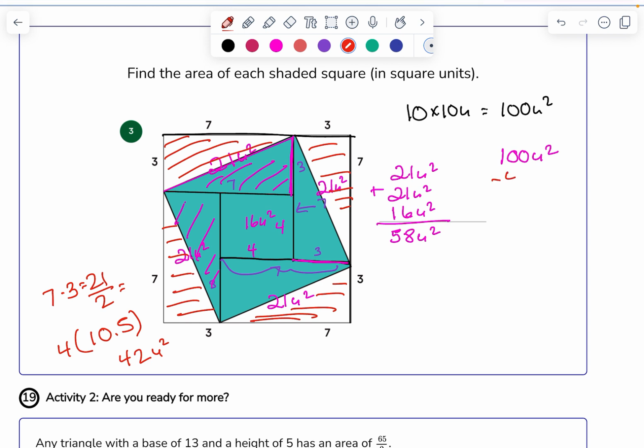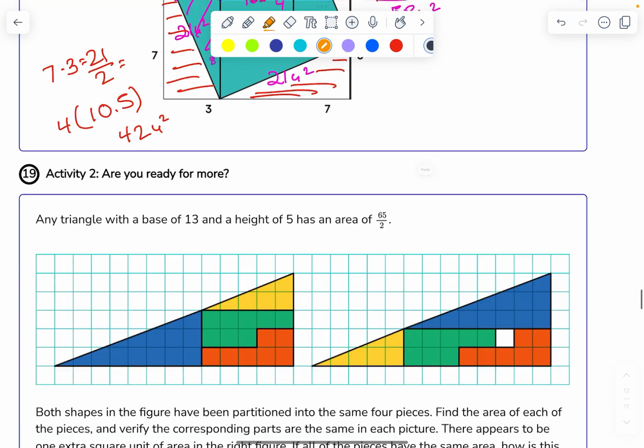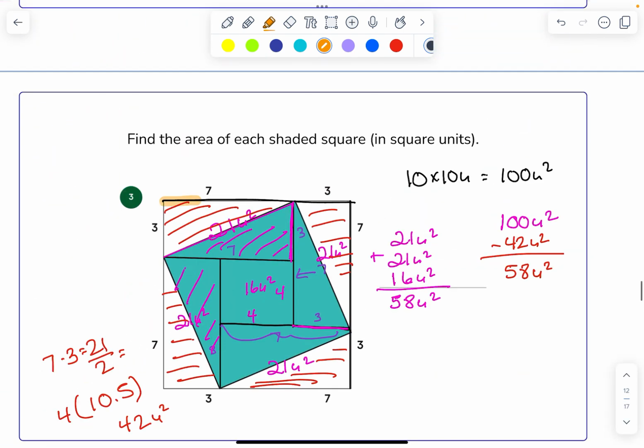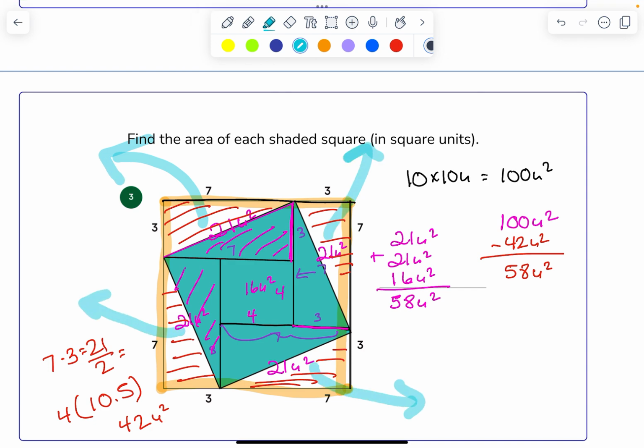So if I take away 42 units squared from 100, I would be left with 48 units squared. So what I was able to do is start with what I know, the whole square, and sometimes people call this the cutting method, where we are cutting out the unused areas.